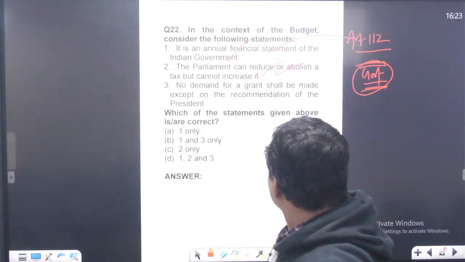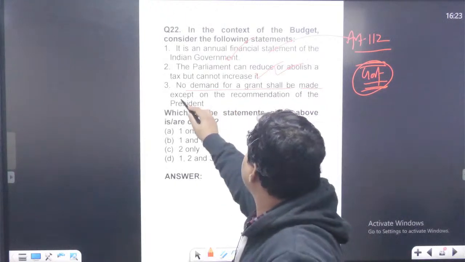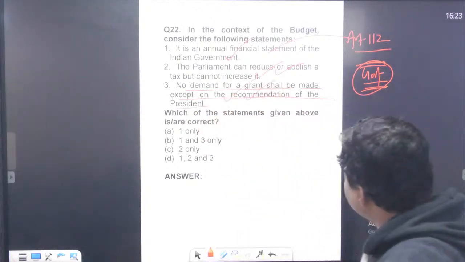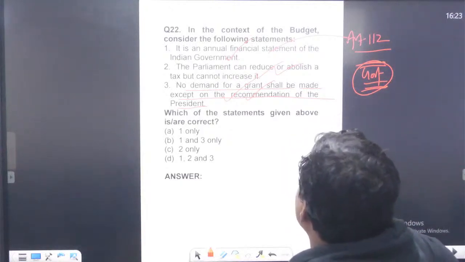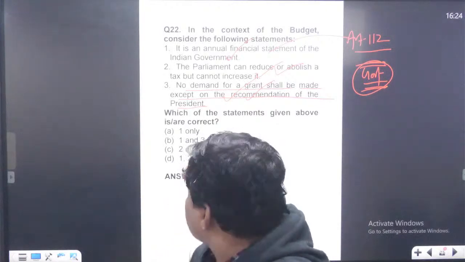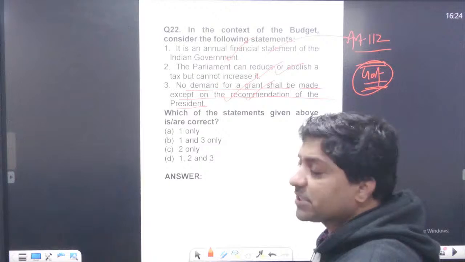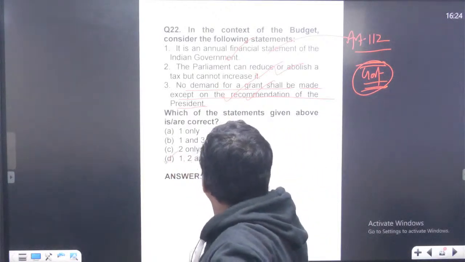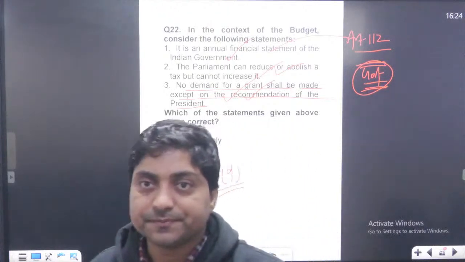No demand for a grant shall be made except on the recommendation of the President. Right? No demand can be granted. All three are correct.